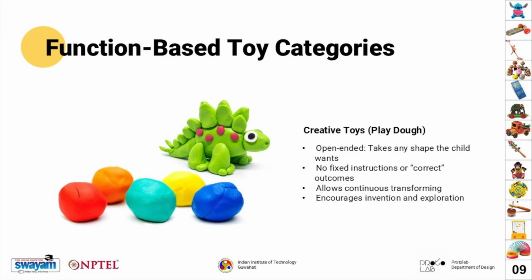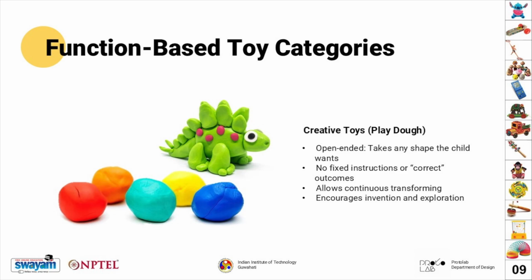Play-Doh, for example, supports creative play because it has no fixed form or expected end product. The material bends, stretches, twists, rolls, flattens. Whatever the child imagines, they can shape.